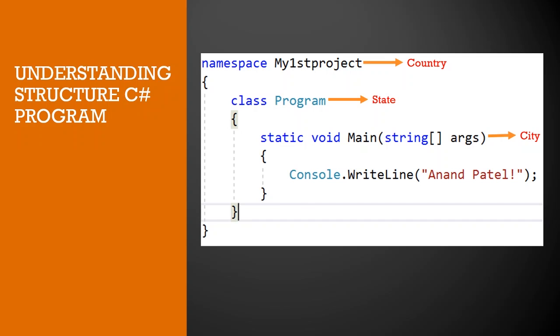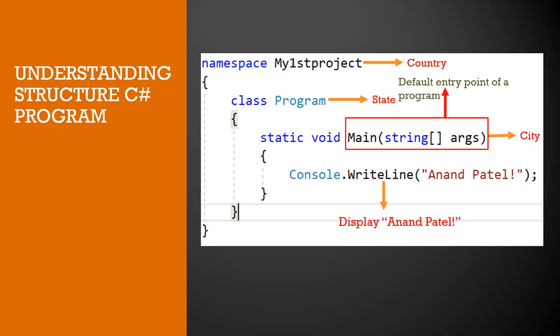Here console.writeLine Anand Patel displays my name, that gives an output of my name. You need to understand that static void main is the default entry point of a program. That could be your certification question.